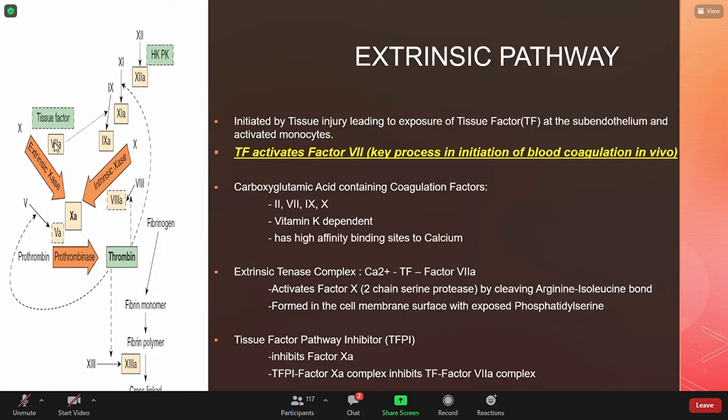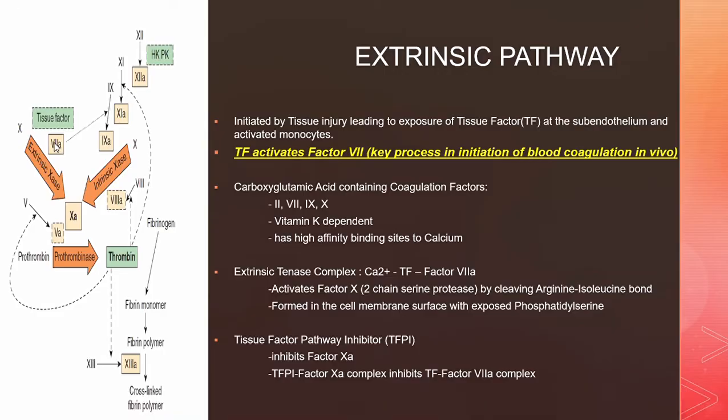Then clinically, the factor 10 arginine-isoleucine bond. Then how tissue factor pathway inhibitor inhibits the extrinsic kinase complex. That is your extrinsic pathway. Very short, really just a little recitation on the extrinsic pathway. That's why it is the most efficient in producing fibrin, the extrinsic pathway.